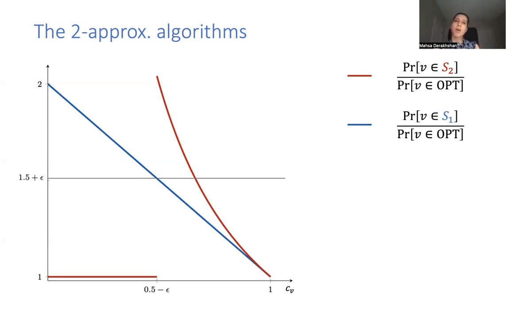Since that's not possible, something else that you can do to beat 2 approximation is to run the best of these 2 algorithms, right? You can have a weighted vote between the vertices, right? Weight would be the CV of the vertex, and you can make half of the vertices weighted happy, right?